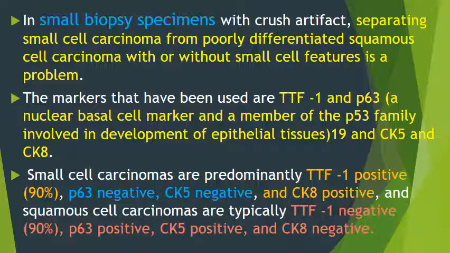It is very important to differentiate between the two because the therapeutic strategy is highly different. The outcome, the survival rate, the mode of treatment, the prognosis, all of these are different between the two, so we have to differentiate these two tumors in small biopsy specimens.